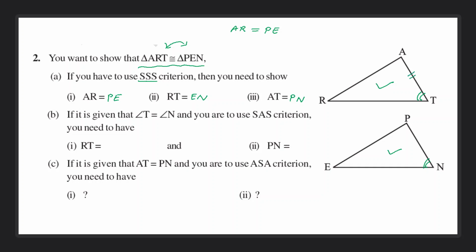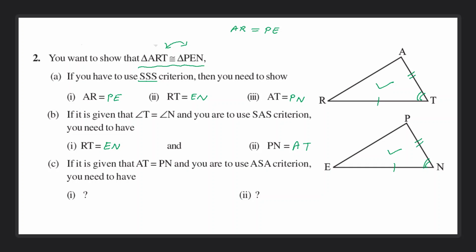It is AT and RT. So AT has to be equal to PN and RT has to be equal to EN. So this is how we can show it by using SAS.